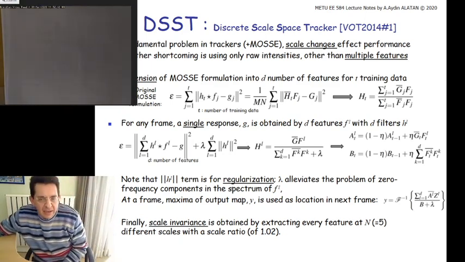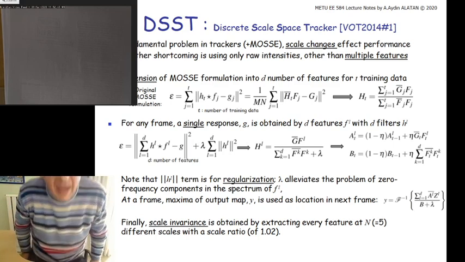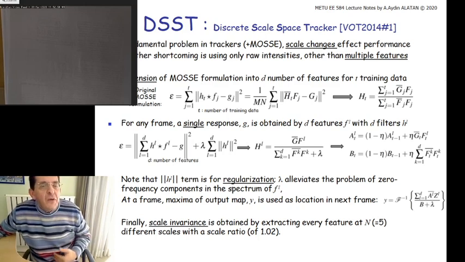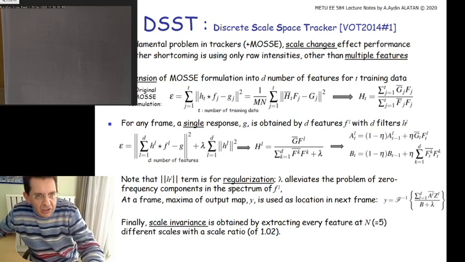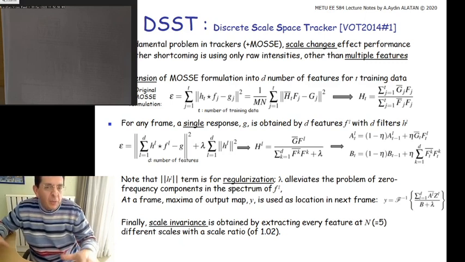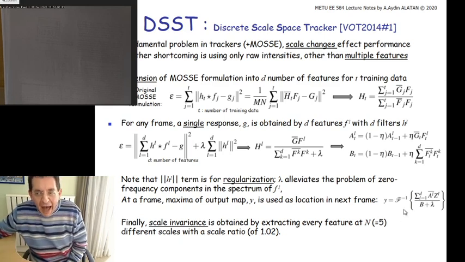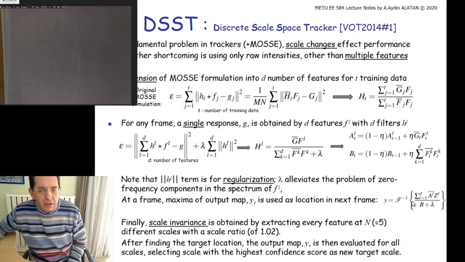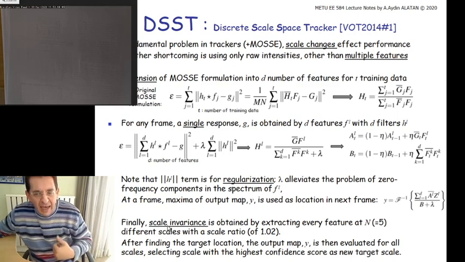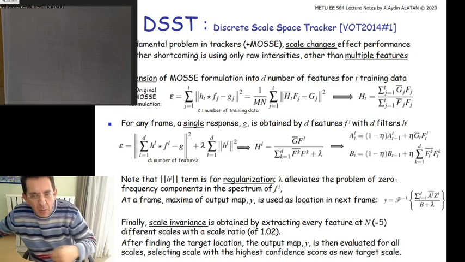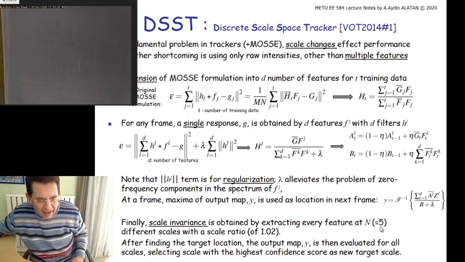Therefore, what I'm doing is basically obtaining the next frame at different scales and trying to make matches. If your object is getting larger, you will be able to obtain it with a larger scaled version, and the matching will improve. Therefore, after finding the target location, then using different scales, you check whether the output value is maximum along these 5 large, 5 small, total 11 scales, okay?